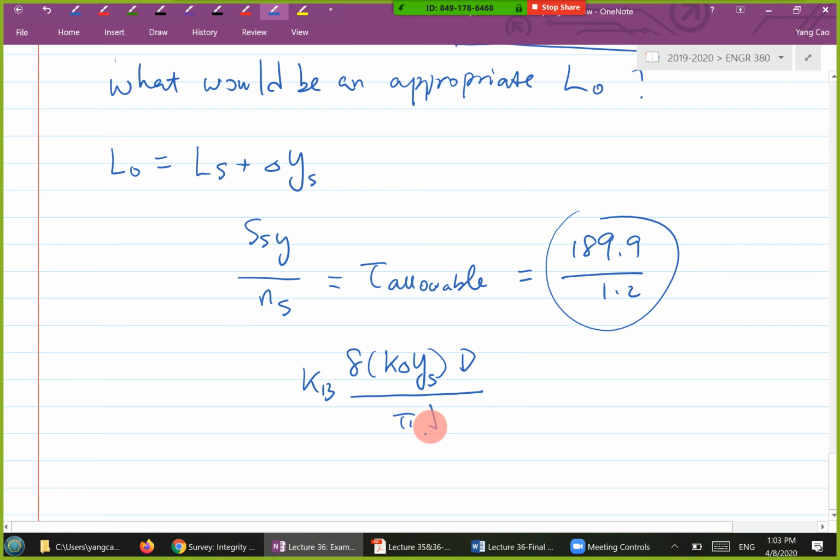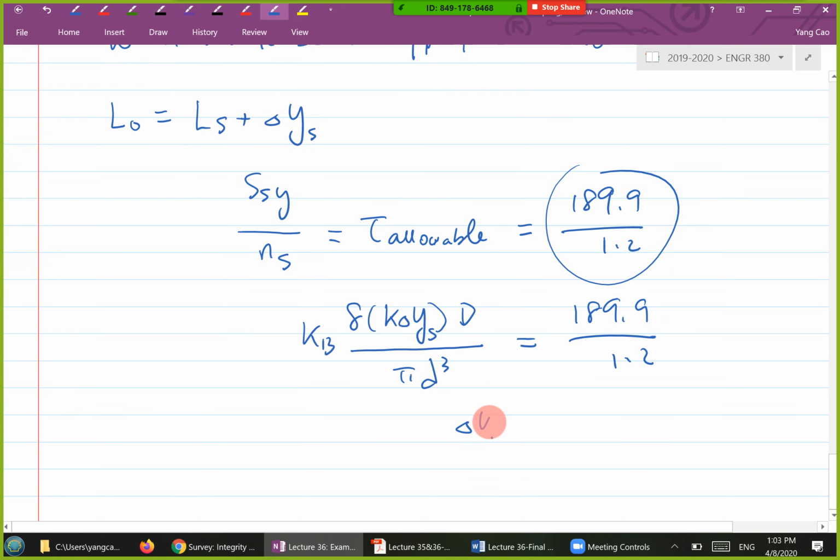And the rest of the formula is the same. So we are just trying to figure out what's the maximum deflection here, and that is constrained by the allowable shear stress. You have all the parameter values here except delta YS. So you can calculate delta YS here.